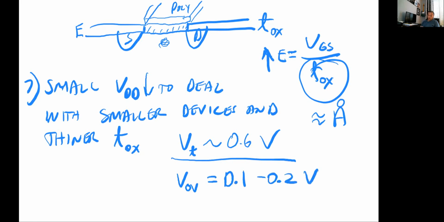Because we want to work with the small VDDs that are for modern designs, internally, to deal with the small transistors and oxide that we don't want to stress with high voltages, we're going to have VDDs of 0.9 to 1 volt, okay?